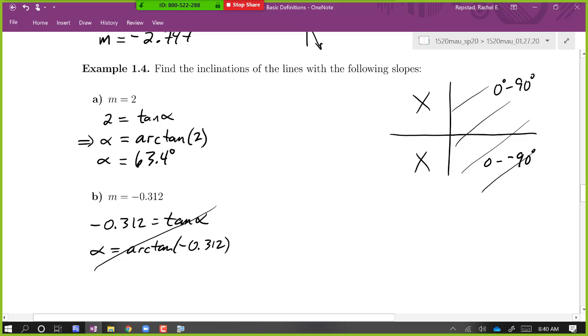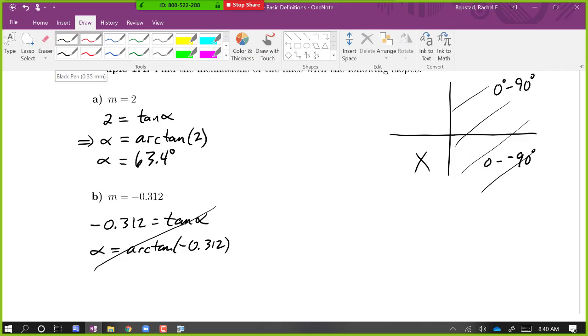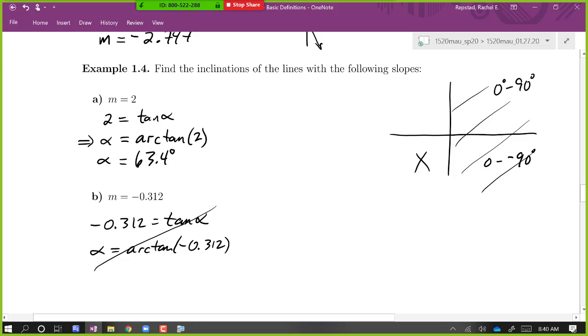We want an angle, and it's a negative slope, so we know that the angle we're looking for is somewhere in that quadrant. We want that angle, alpha. What we're going to do first, though, is find this angle, which I'll call alpha ref for a reference angle.